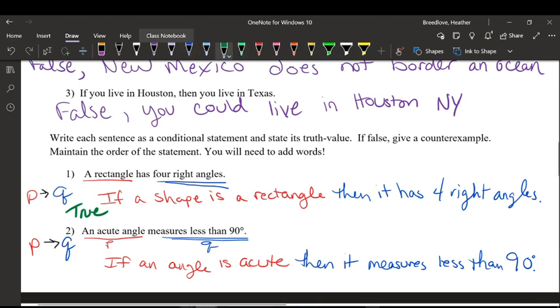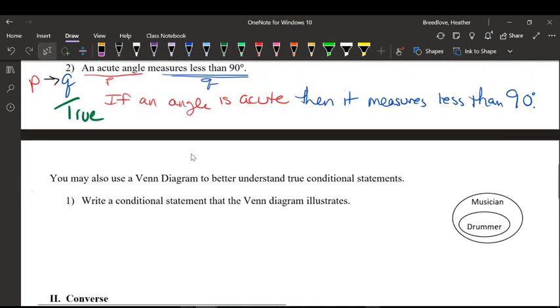All right. And then one more part to look at for conditional statements is the Venn diagram.